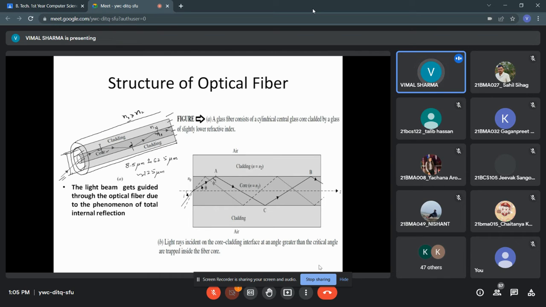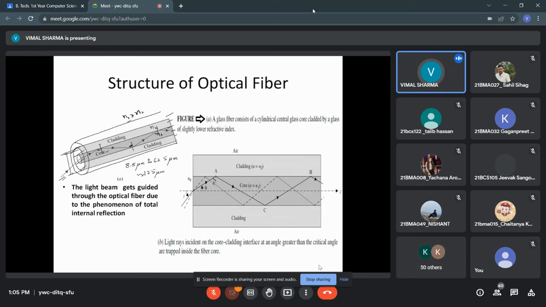When there is a change in medium, how light bends, and many other things we studied. Then we also talked about guided propagation of light through optical fiber. I introduced to you what is optical fiber and what is the basic structure and construction of this optical fiber.